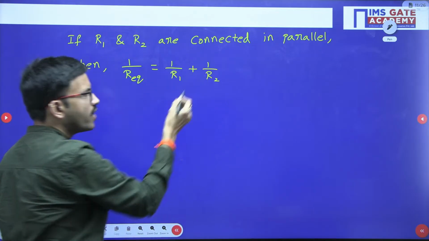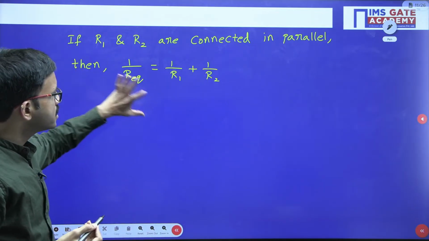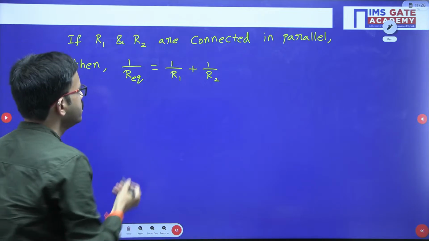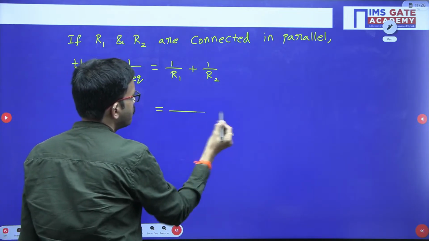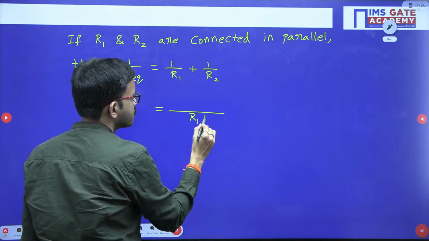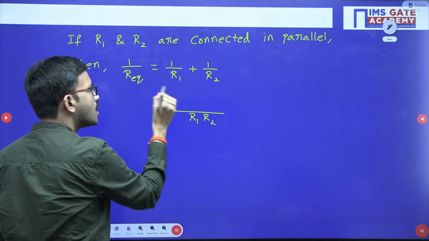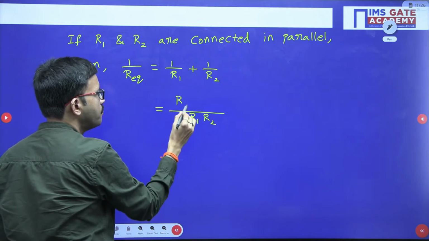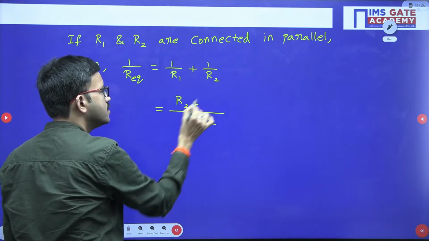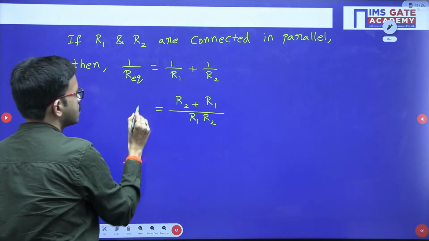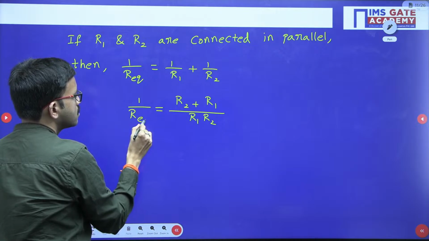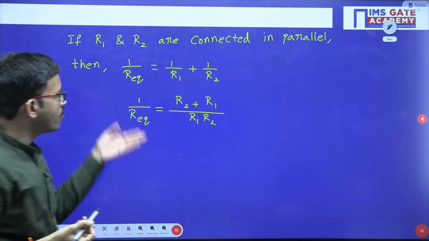Or if you do further simplification, we will get a derived formula for R equivalent directly. Here you can take the LCM, R1 R2. Where R1 is already present, R2 will come, plus where R2 is already present, R1 will come. So this entire right hand side expression is nothing but 1 by R equivalent.